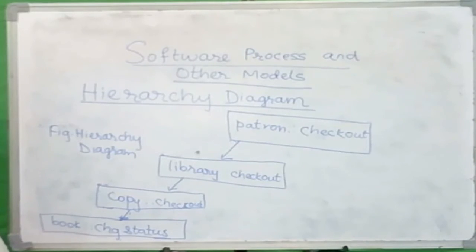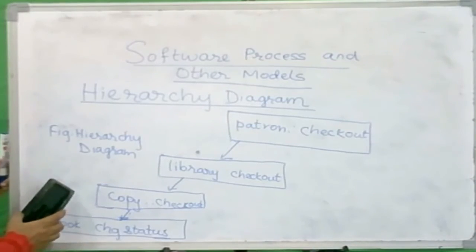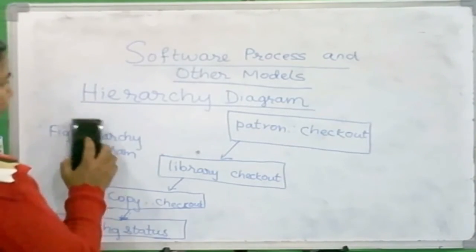Now, yesterday we had seen the example of control flow graphs. So that is also an example of the process model, control flow graph.